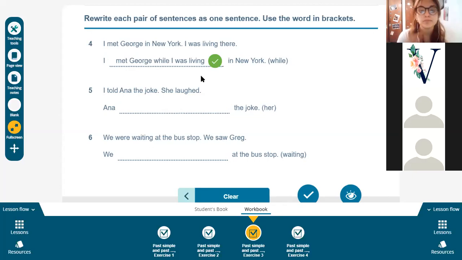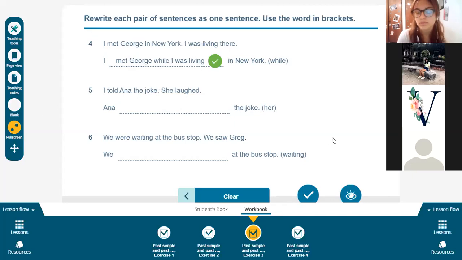Number 5. I told Anna the joke. She laughed. You know you have to end the sentence with the joke. So Anna, what did she do? And here, take a look.